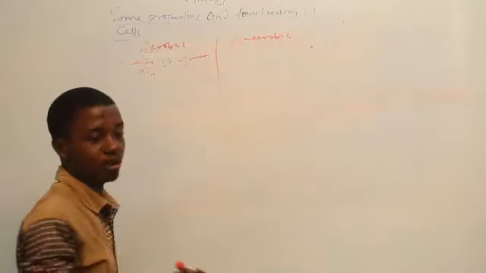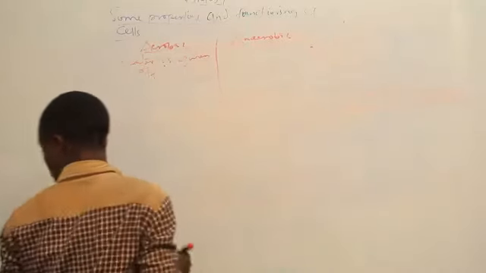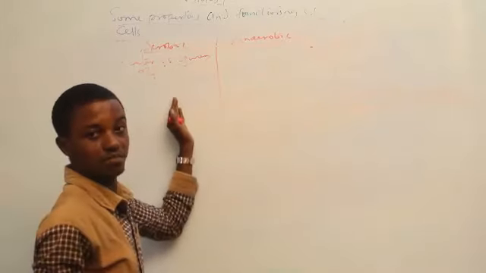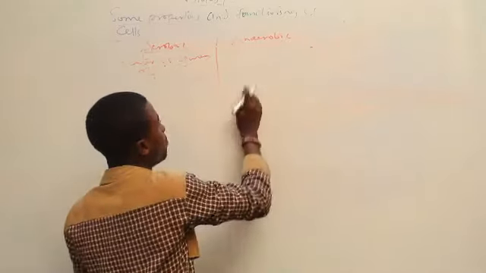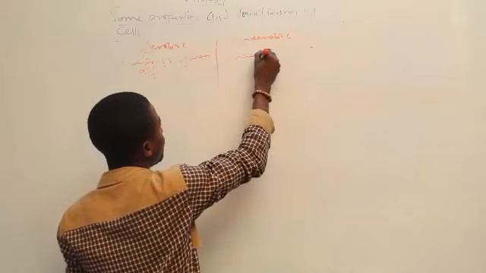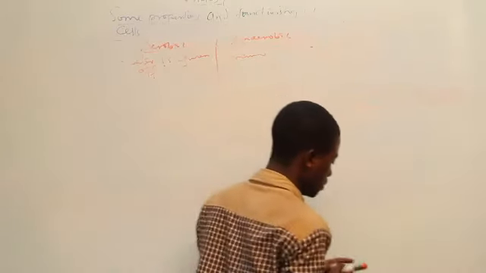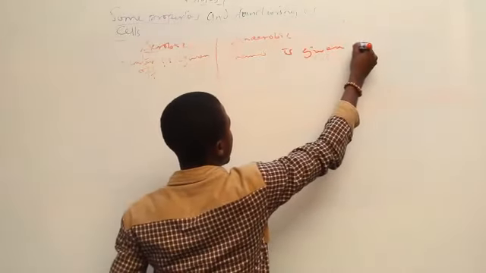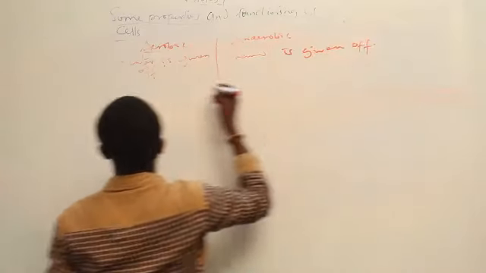For aerobic respiration, water is given off as a byproduct, as we have seen earlier. While for anaerobic respiration, ethanol is given off as a byproduct.